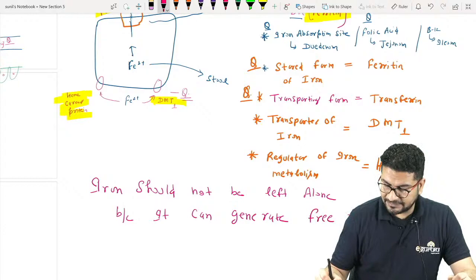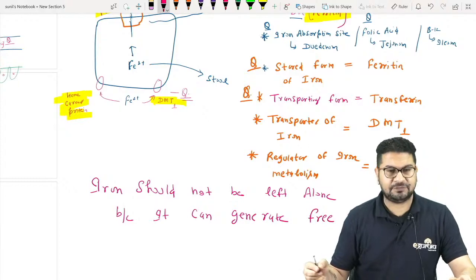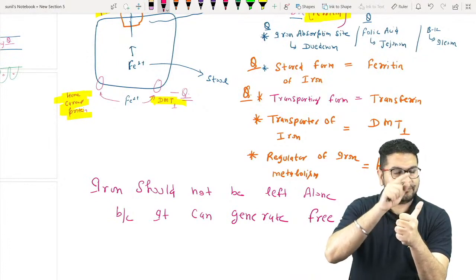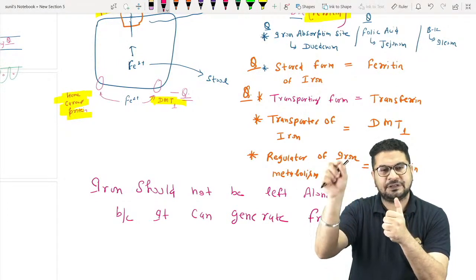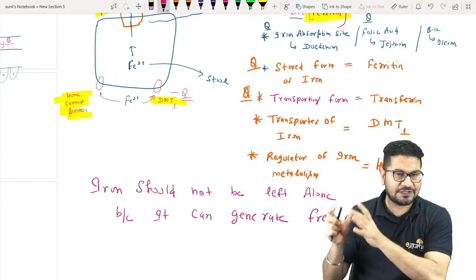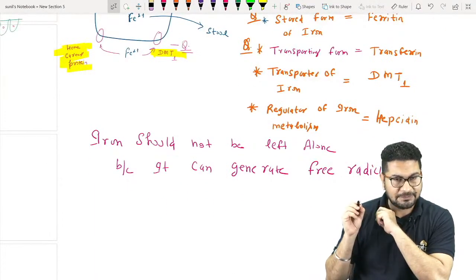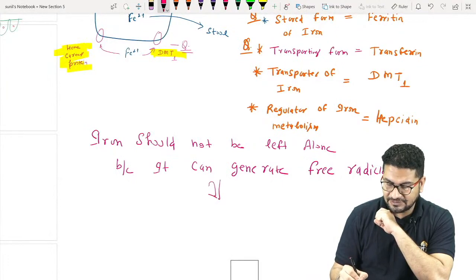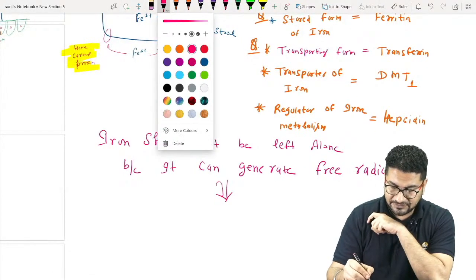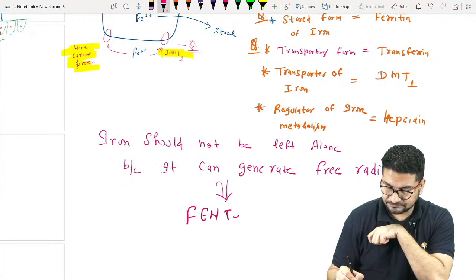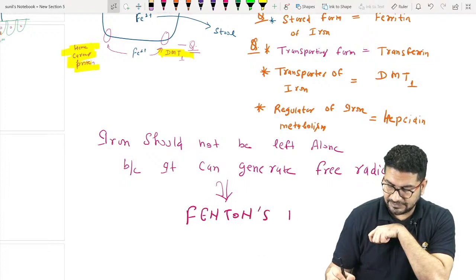That is why you have so many names. Iron is initially in the transporting form, transferrin, then hepcidin, ferritin. So someone is there to take care of this iron. It should not be left alone, because it can generate free radicals. The reaction where iron can produce free radicals, what do we call this?